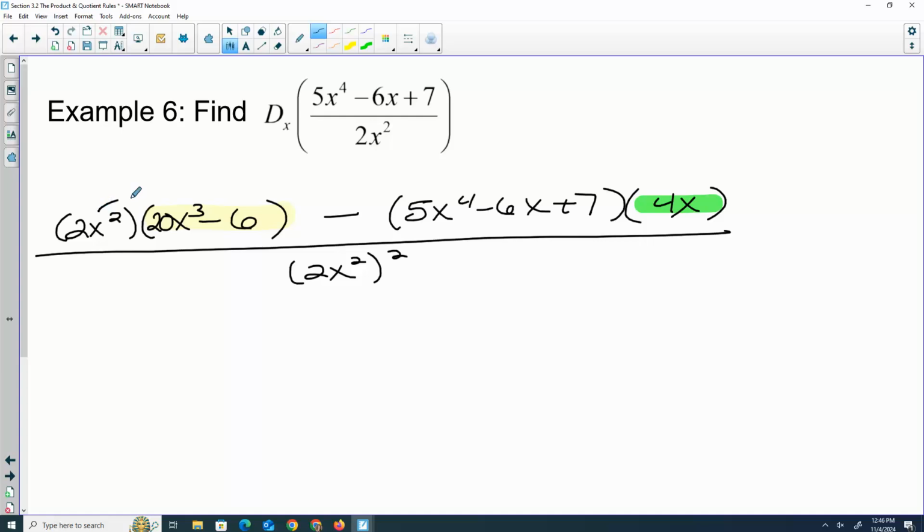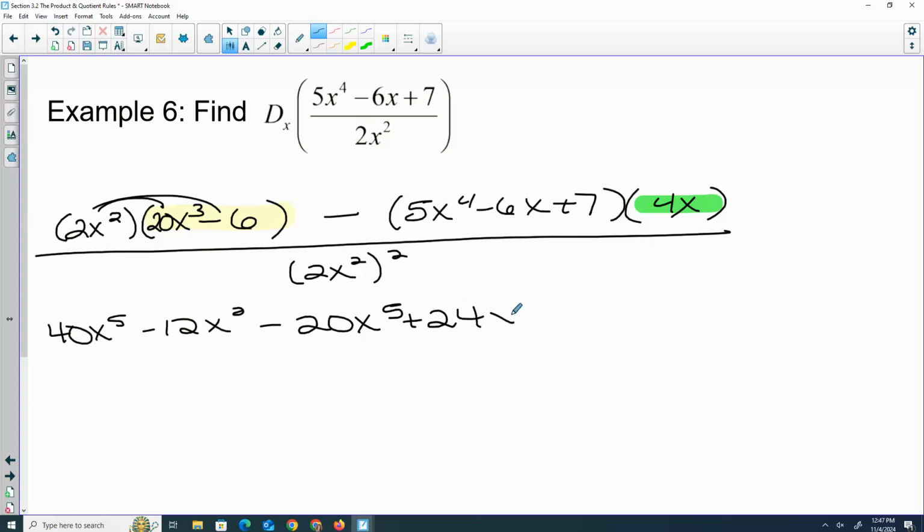So if I start multiplying this out, 40x to the 5th minus 12x squared. Distribute the negative and the 4x: minus 20x to the 5th, plus 24x squared, minus 28x, over 4x to the 4th.